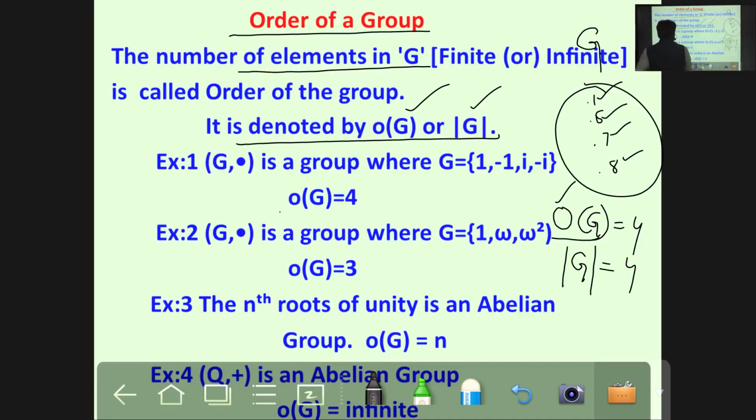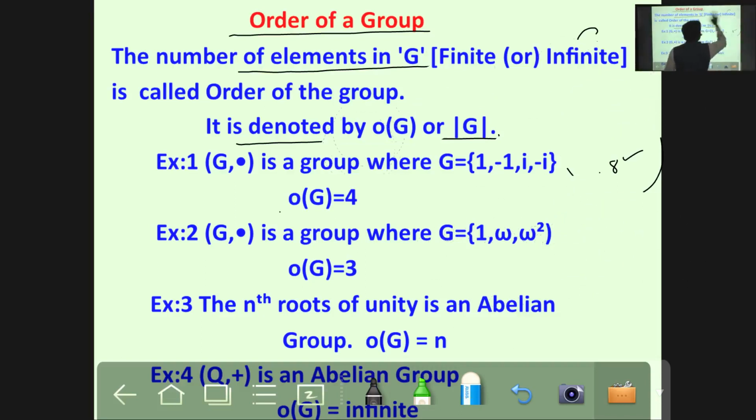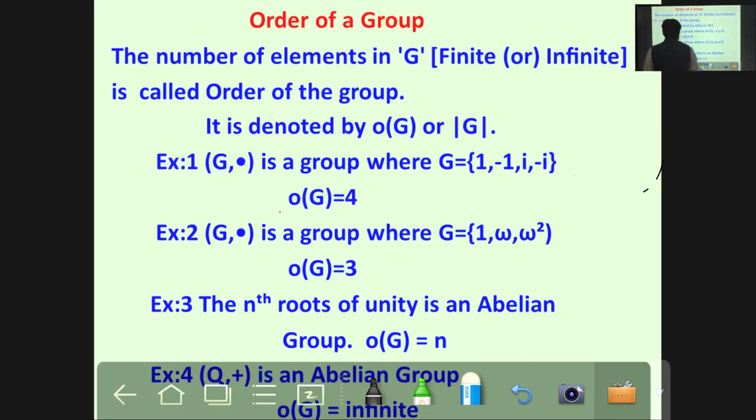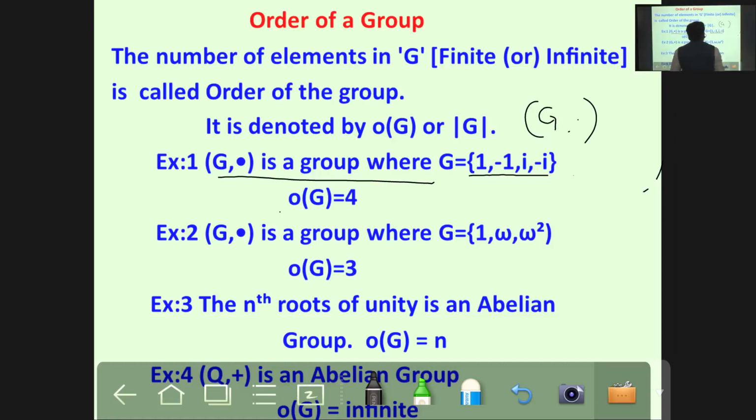Now, coming to examples. G, dot is a group where G is 1, minus 1, i, minus i. This is a group with respect to multiplication. How many elements? 4.